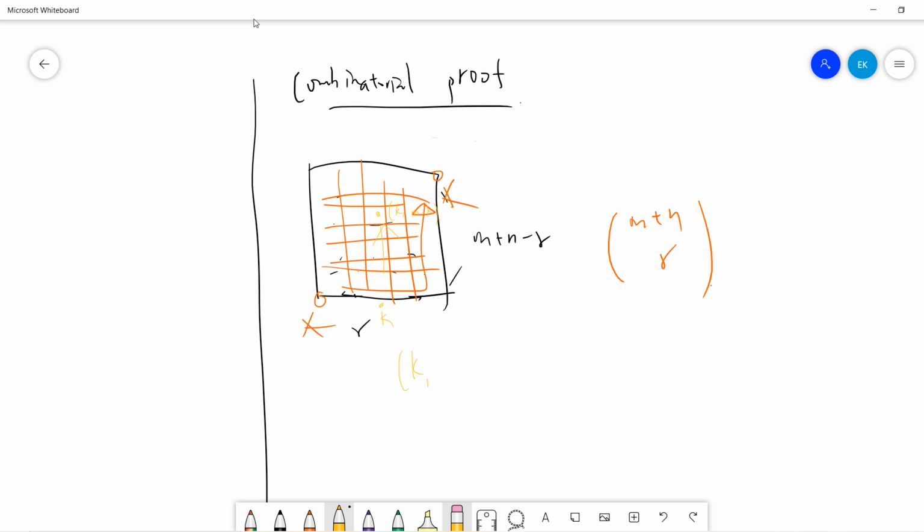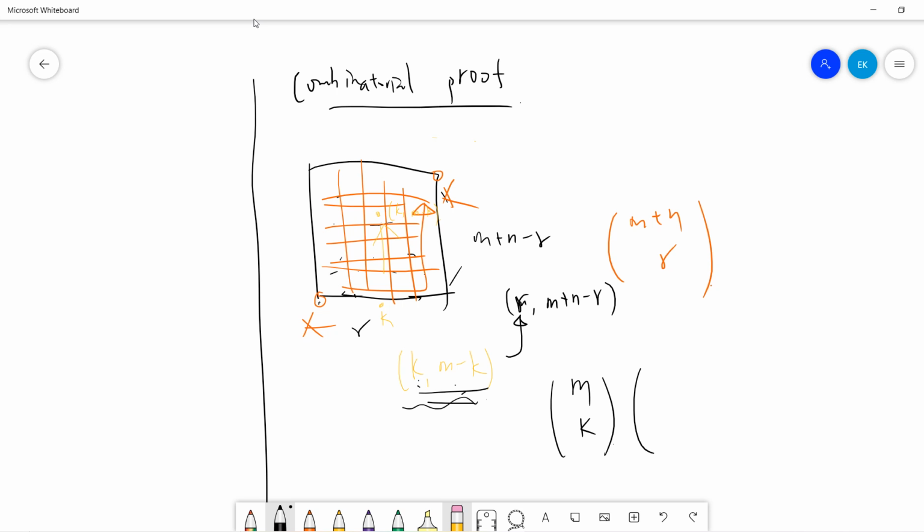I can ask how many paths go from 0 to k, m minus k. The number is just m choose k. The rest asks how many paths go from k, m minus k to r, m plus n minus r. By definition, you can check that it's exactly n choose r minus k.